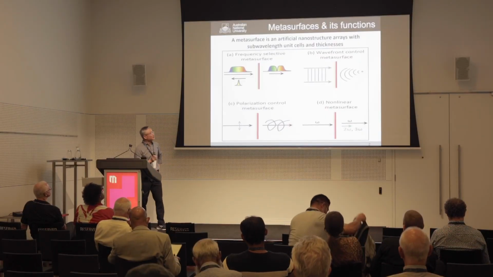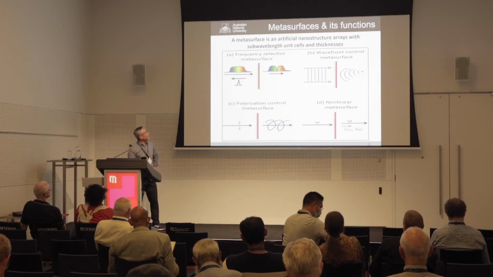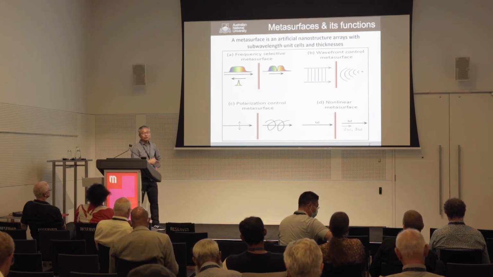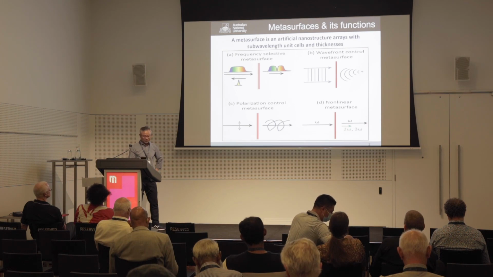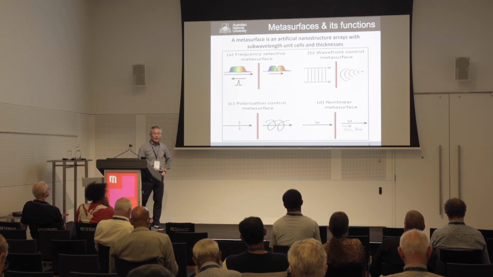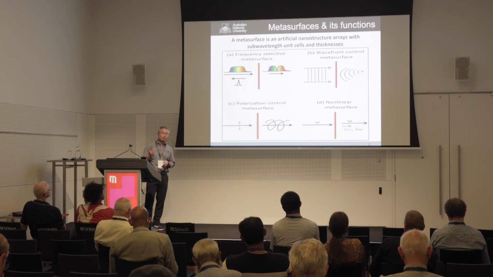So an optical metasurface is an artificial nanostructure array with sub-wavelength unit cell and thickness. Here the sub-wavelength is very, very important. And normally it has one single material and single layer, so patterning is very, very easy.